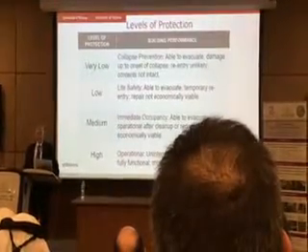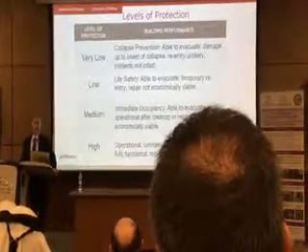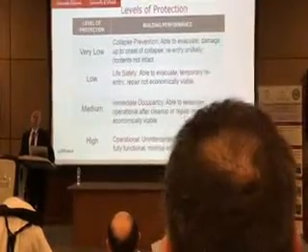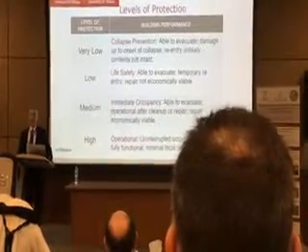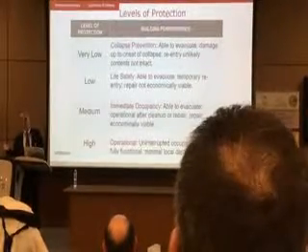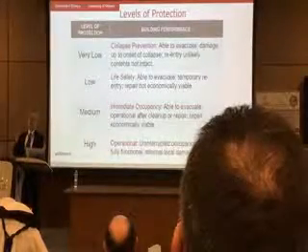Levels of protection are related to performance levels that we will talk about this afternoon when we discuss seismic. In seismic earthquake engineering, we talk about how do buildings perform. In blast engineering, we talk about how much you protect it. It's the same thing.